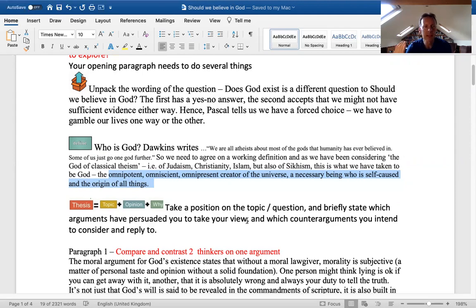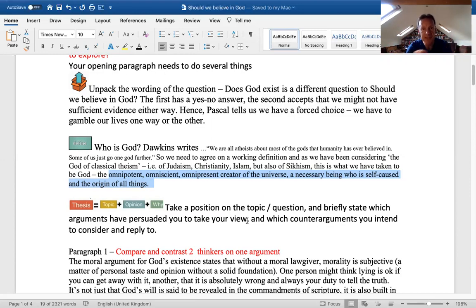Or in this essay, I'm going to be arguing that the problem of evil, evolution and the implausibility of religious explanations for the origin of the universe have led me to believe that there isn't a God, and the arguments for the existence of God, the design argument, the causal argument, I just don't find persuasive.